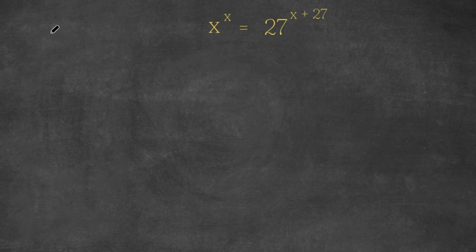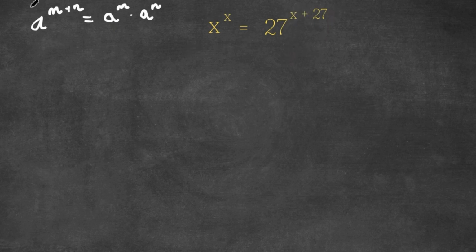Now, if we have something in the form a to the power of m plus n, this is equal to a to the power of m times a to the power of n. So I'm going to use this property on 27 to the power of x plus 27 here.